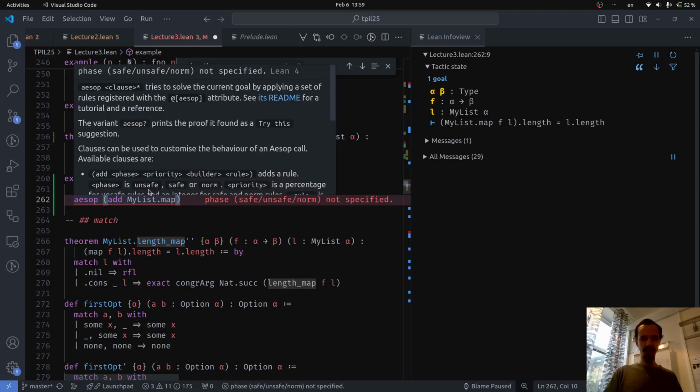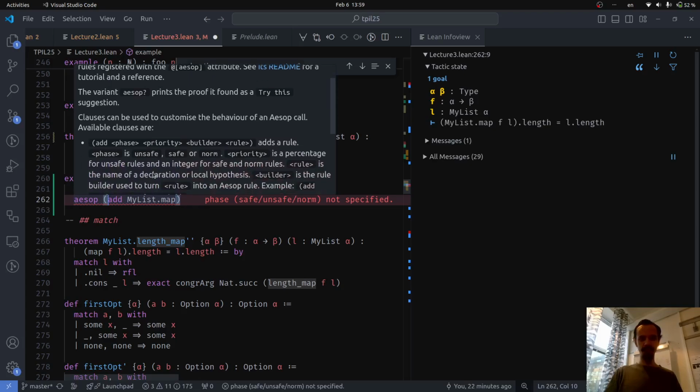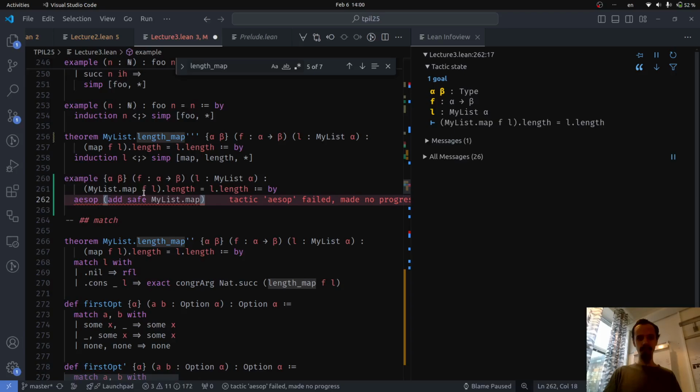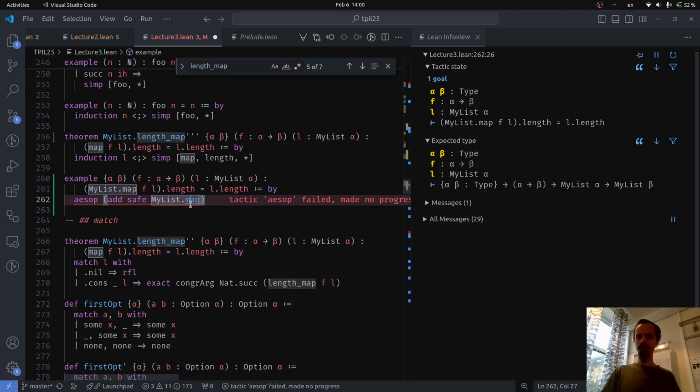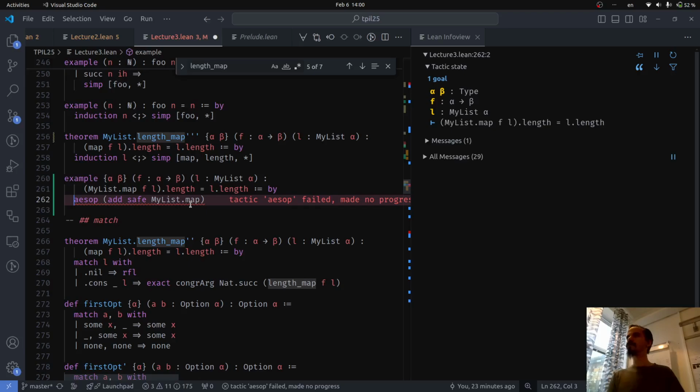Another question I have: is there a way of recursively unfolding all constructors in the hypothesis?